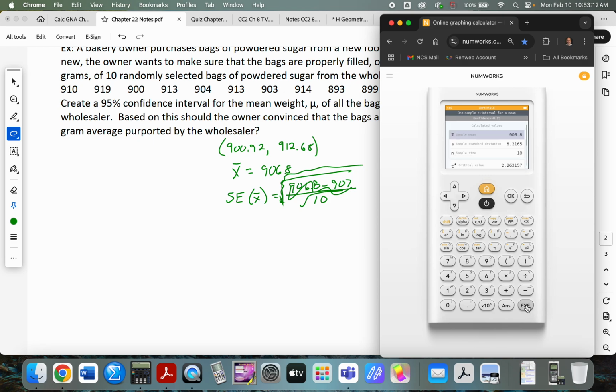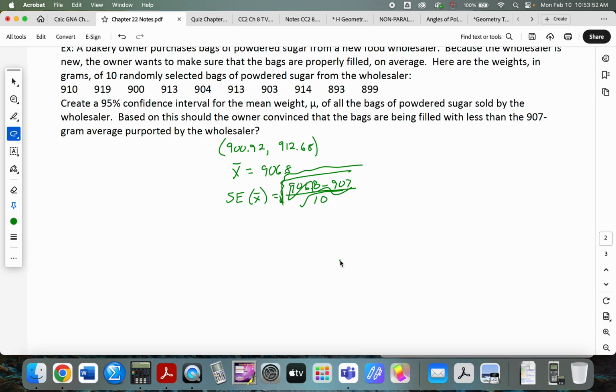And it gives you the mean is 906.8, which is exactly what we found before. The sample standard deviation is 8.2165. Sample size is 10. It gives you the t critical value. We don't typically bother with that. And the standard error and the degrees of freedom, which is 1 less than the number we had in our set. And it gives you the confidence interval, which is exactly what we had on the other one.